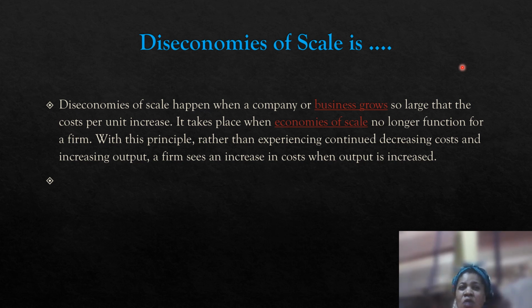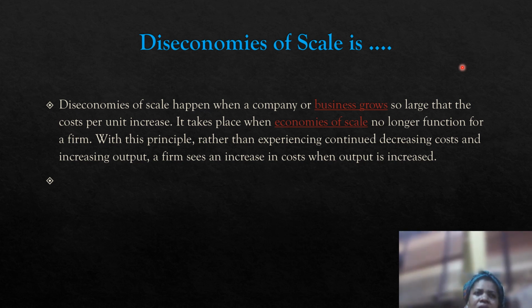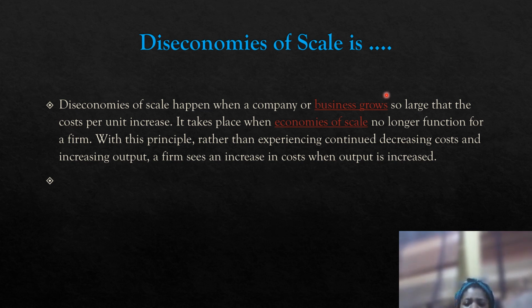While still doing what I'm supposed to do, employing the capital of production and checking the scale of production. These economies of scale happen when a company or business grows so large that cost per unit increases.